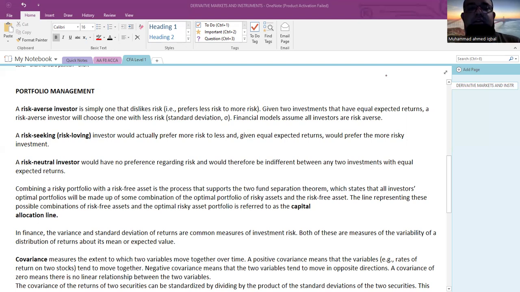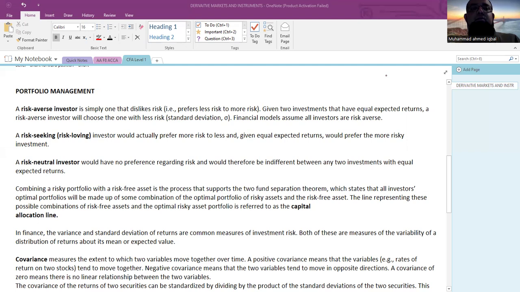Then in your syllabus, there is a concept of capital allocation line, which depicts that if we combine a portfolio of risky asset class along with risk-free asset class, and we plot it with the risk on the x-axis and the return on the y-axis, and if we draw the lines, then these lines represent the capital allocation line.